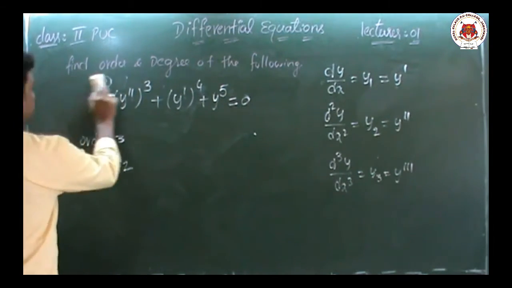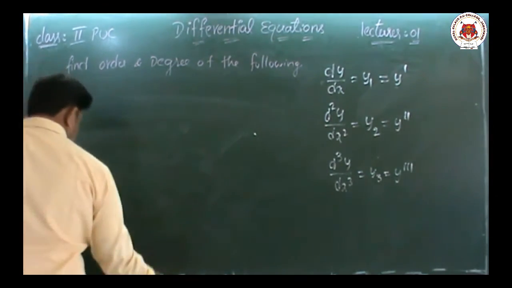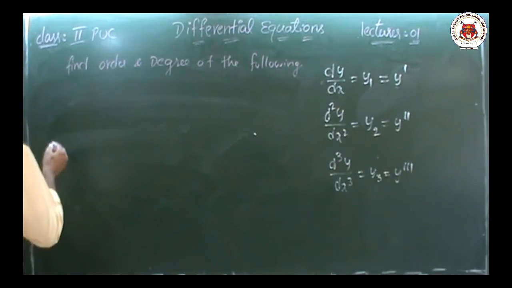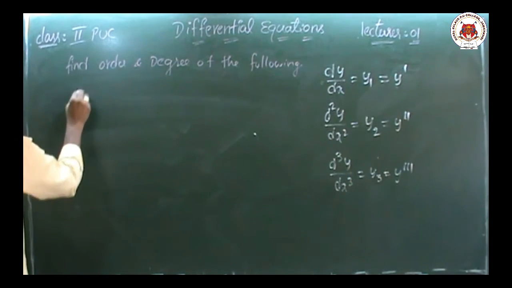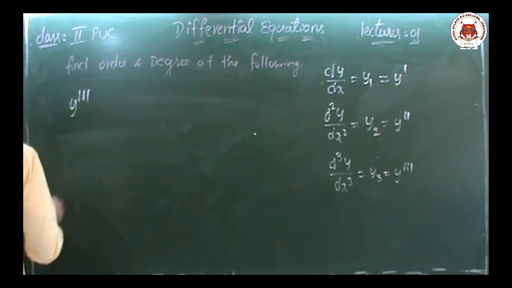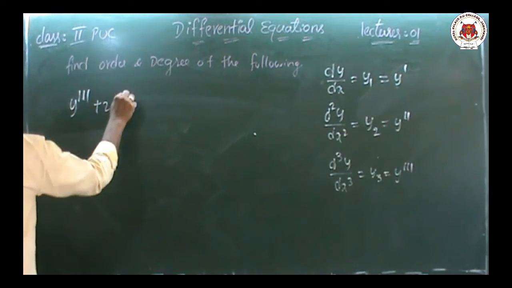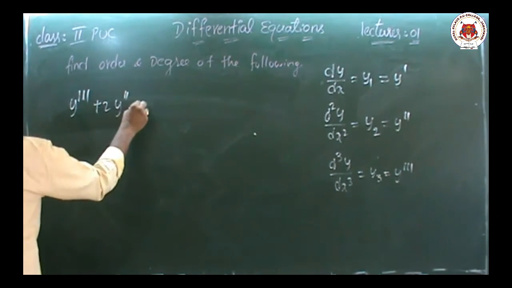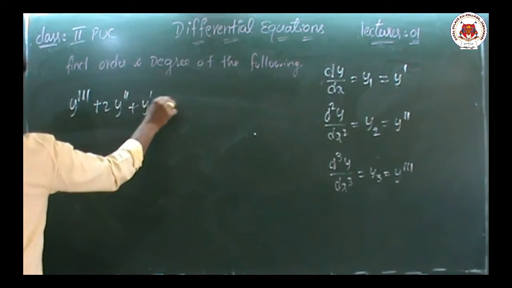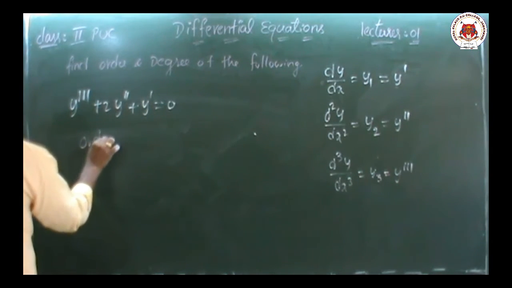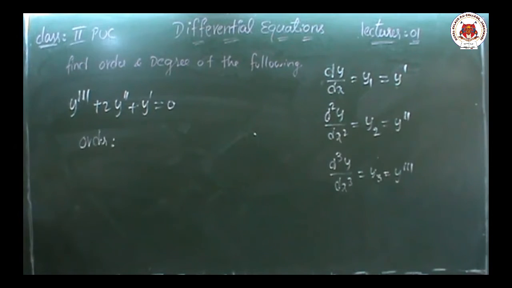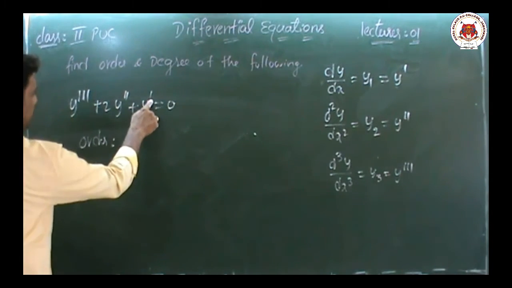The next question is y triple dash plus 2 into y double dash plus y dash equal to 0. First the order. Here one time differentiating, here two times, here three times.